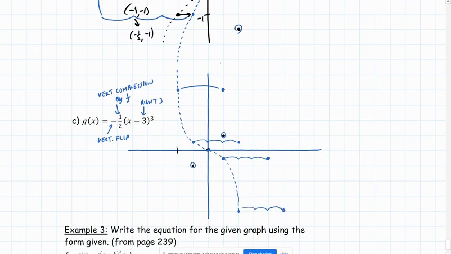And so now we have, got to go through this point as well. The origin moves right 1, 2, 3. And so now we have that graph is our final graph.